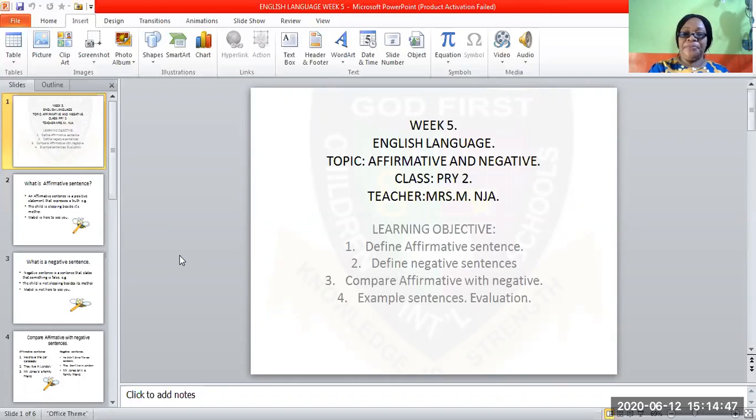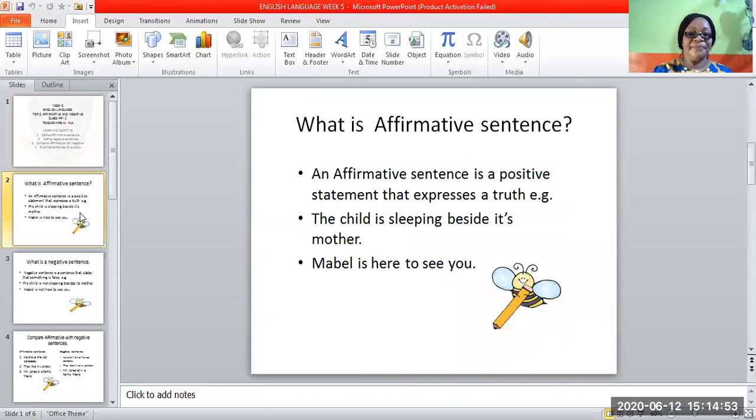Okay, now let's go to our first slide. What is an affirmative sentence? An affirmative sentence is a positive sentence, a positive statement that expresses a truth.